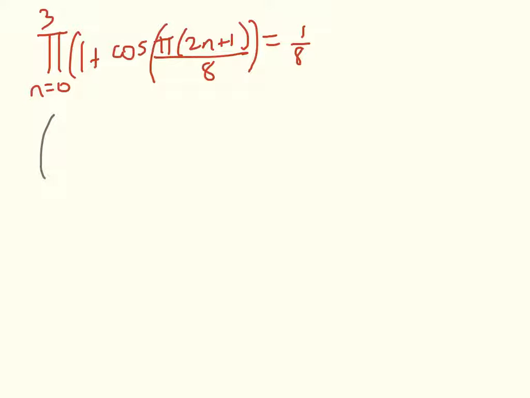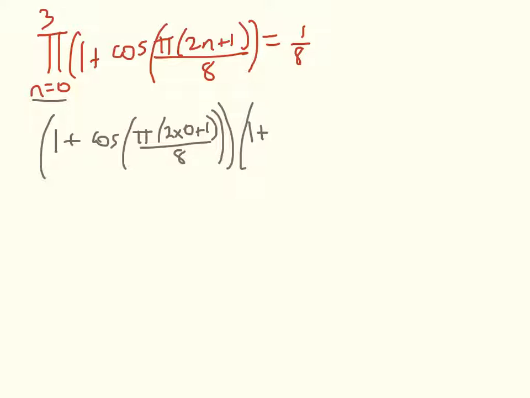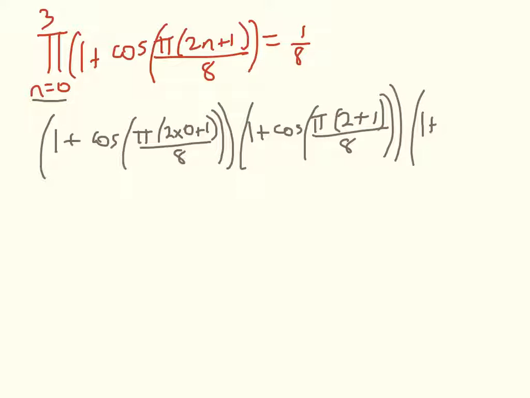The first term when n equals 0 is going to be 1 plus the cosine of pi times 2 times 0 plus 1, over 8, right, so it's that, times 1 plus, now make n equals 1, cos of pi times 2 times 1 plus 1 over 8, right, times 1 plus cos.